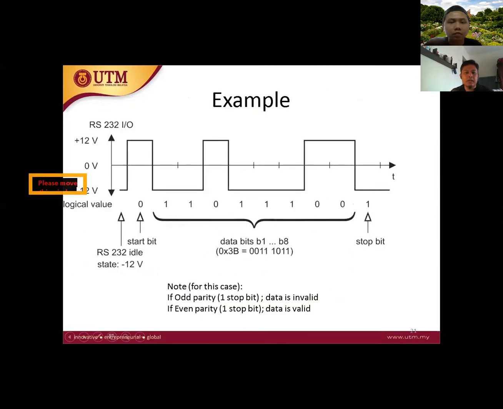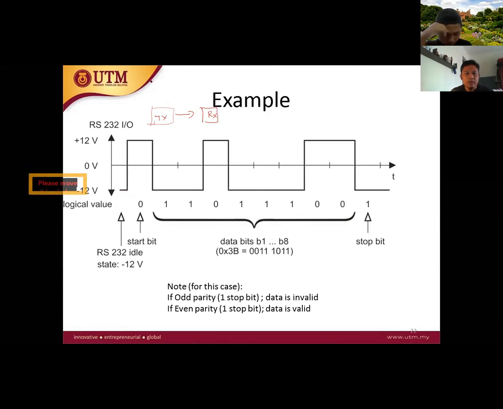So let's look at a detailed example of data transmitted on the RS232 between the transmitter and receiver, from the transmitter to the receiver. The RS232 will be idle.